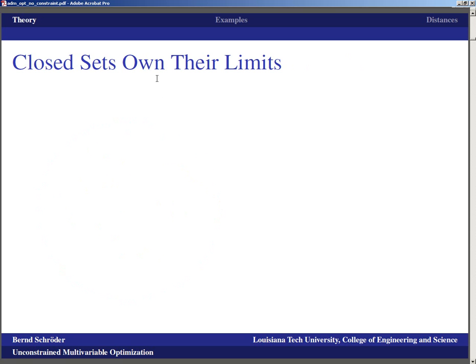Closed sets, on the other hand, a good way to describe those is they own their limits. So basically, if we're looking at a set like this one here, where the solid curve says that this part of the curve is also part of the set, and the dotted curve says that this part is not part of the set, then this set D actually would not be closed, and that is because I could find a curve C that approaches this dotted curve here, where everything on the curve is in the set, but the limit of the curve is not in the set, and then that would not be considered closed.